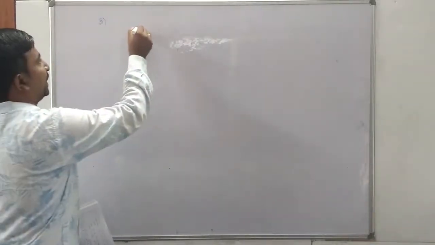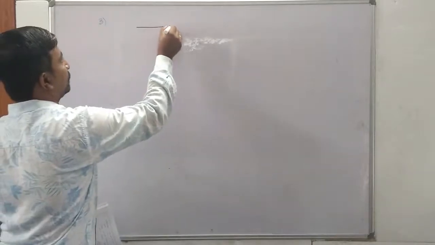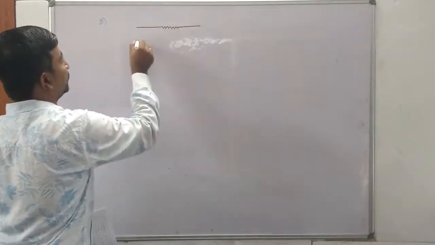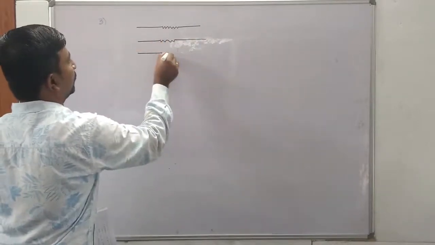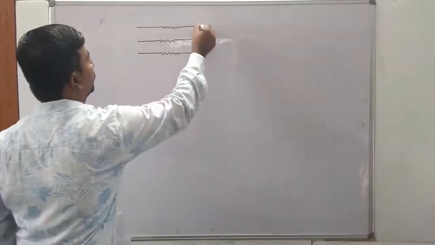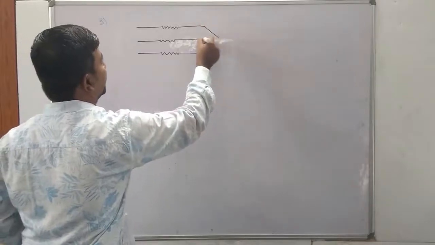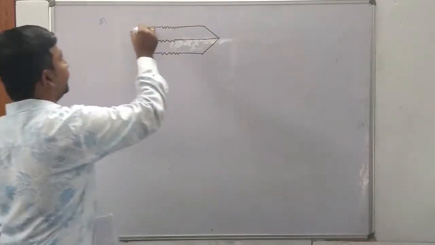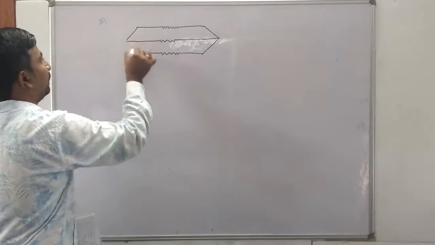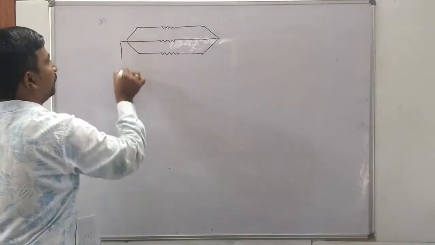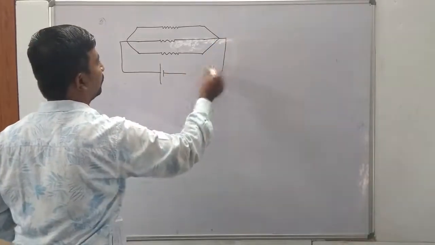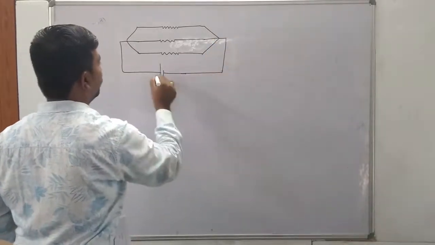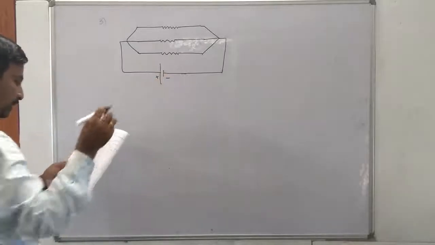So 3 resistors, 1, 2, 3. So all these 3 resistors are connected in parallel. So this is a cell, plus and minus.